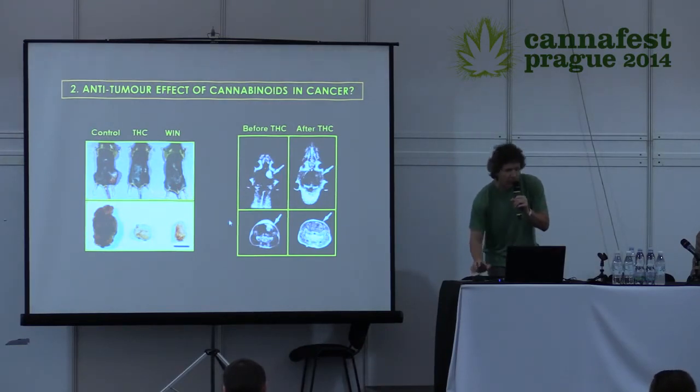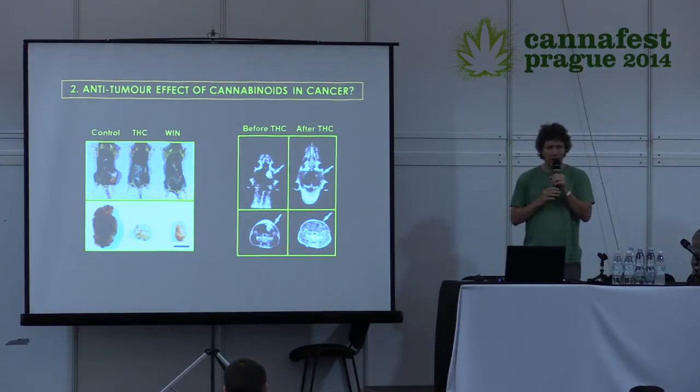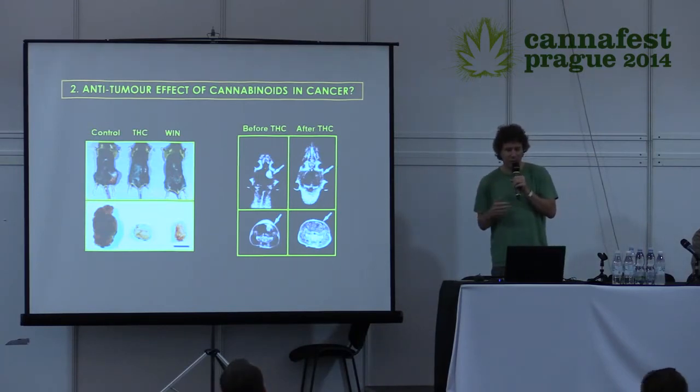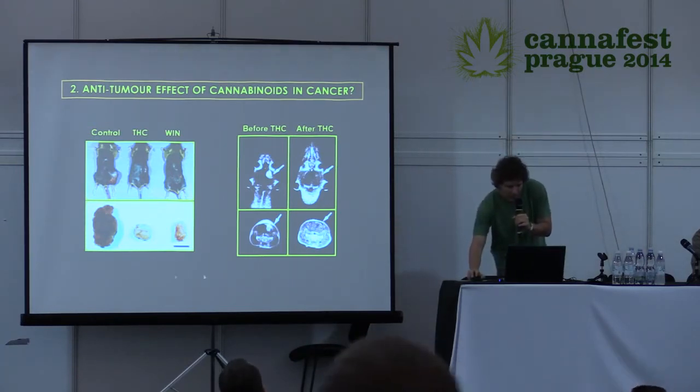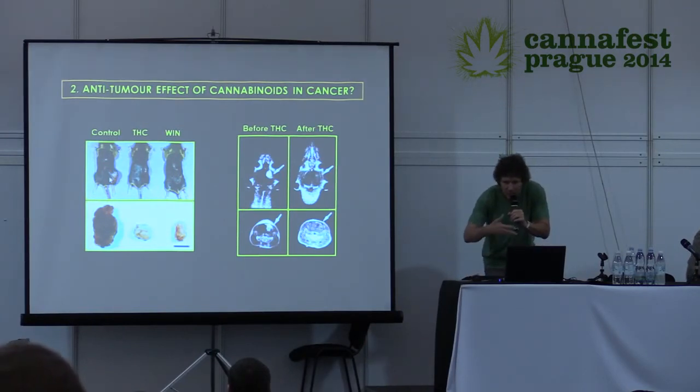Well, these were some experiments we did about 15 years ago, the first one that we published in this field of cannabinoids and cancer, cannabinoids as anti-tumor drugs, in which you can see here some mice that have a tumor on their skin. This is a mouse that has been treated just with the solvent, I mean, in which cannabinoids are diluted.